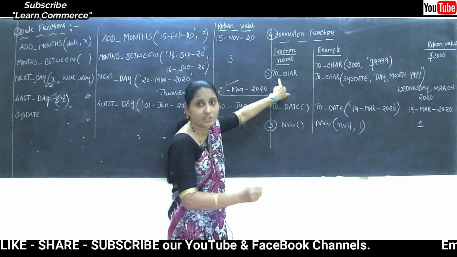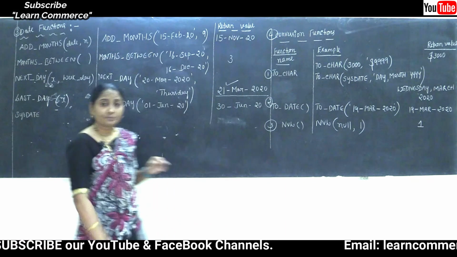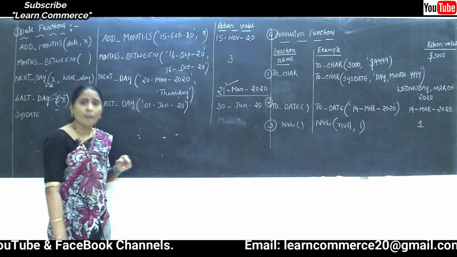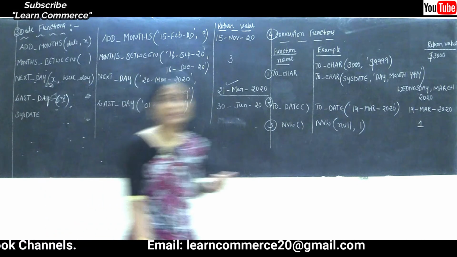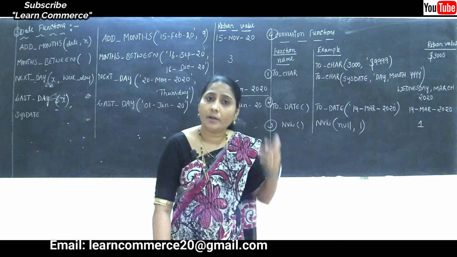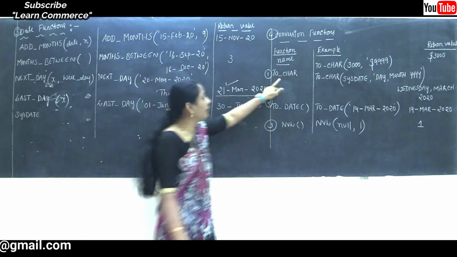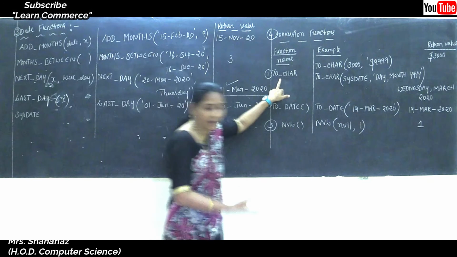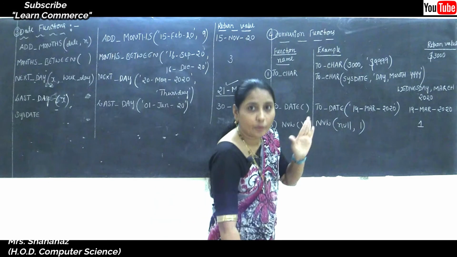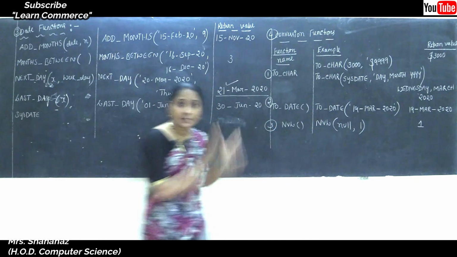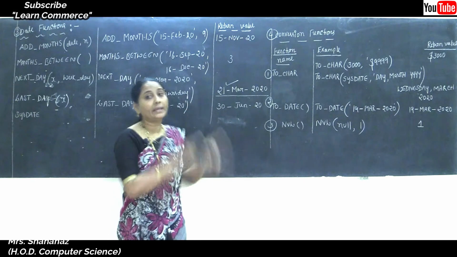Clear this point here? To character. So convert a numeric or date value to a character value. Here we are going to convert from a date value to a character value.